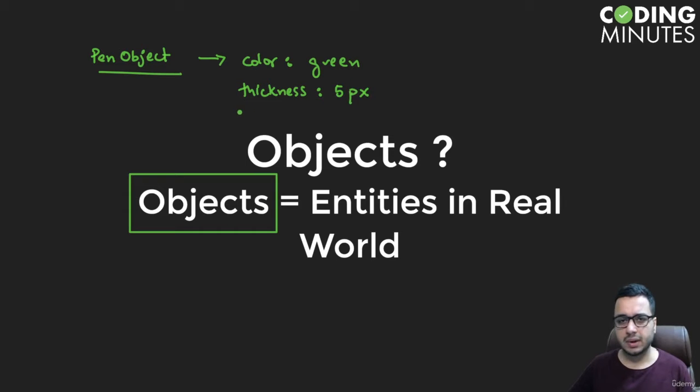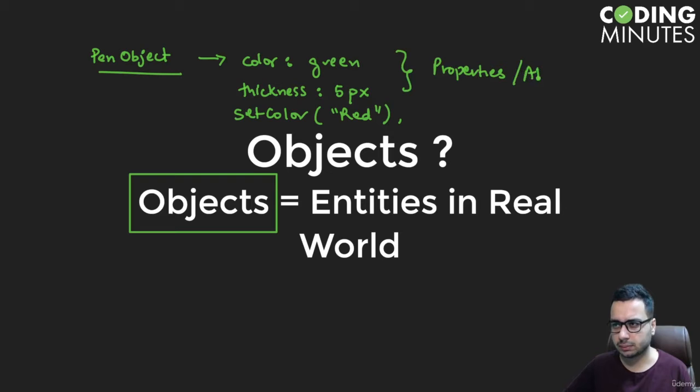Maybe I also have a function to set the color. I pass in some color, let's say red, and that will change the color of this pen to red. Now what you can see is this pen object has certain properties, or attributes, and it also has some methods.